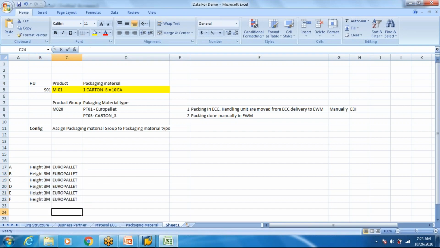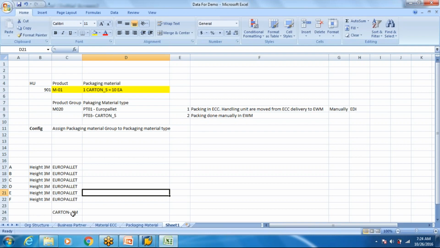Now these products cannot be stored in a carton because a carton has a height of, let's say, only 1 meter. I'm just roughly taking. Okay, so since it is a bulky product, your company is into bulky products, so the carton has only a height of 1 meter. So these products cannot be stored in a carton.